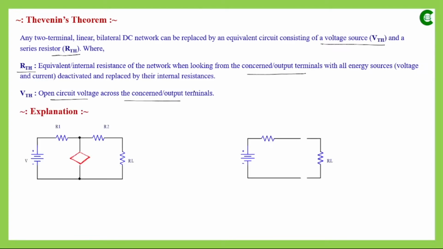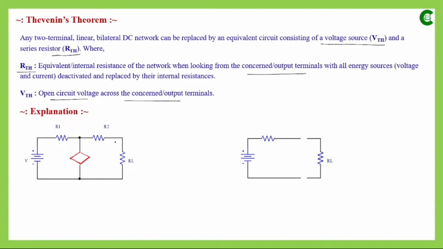Now if we look at the circuit, here we have three resistors, one independent voltage source and one dependent source. This dependent source can be one of the four types that I have already discussed in one of my previous lectures.